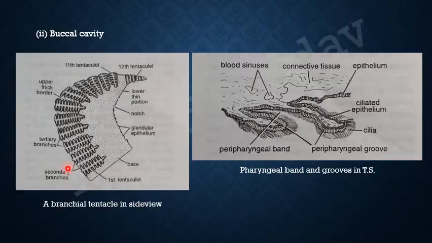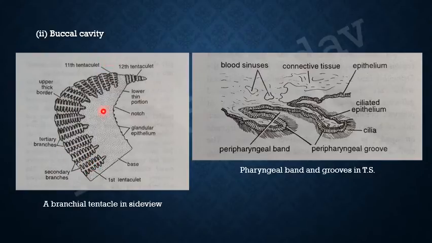In the next slide, there is the structure of the buccal cavity, and you know the buccal cavity is situated after the branchial siphon and before the prebranchial zone. Now the buccal cavity has the sphincter and the tentacles, and these tentacles, as I've told you, are 64 in number. This is one of the tentacles.